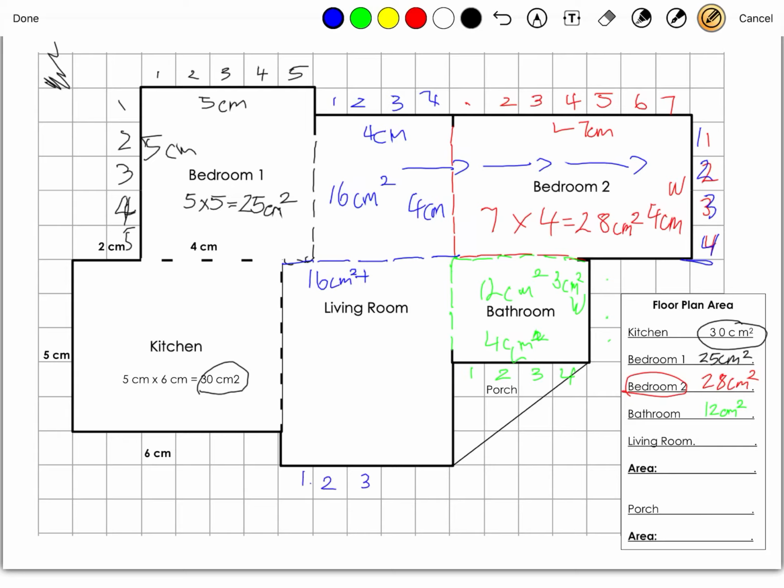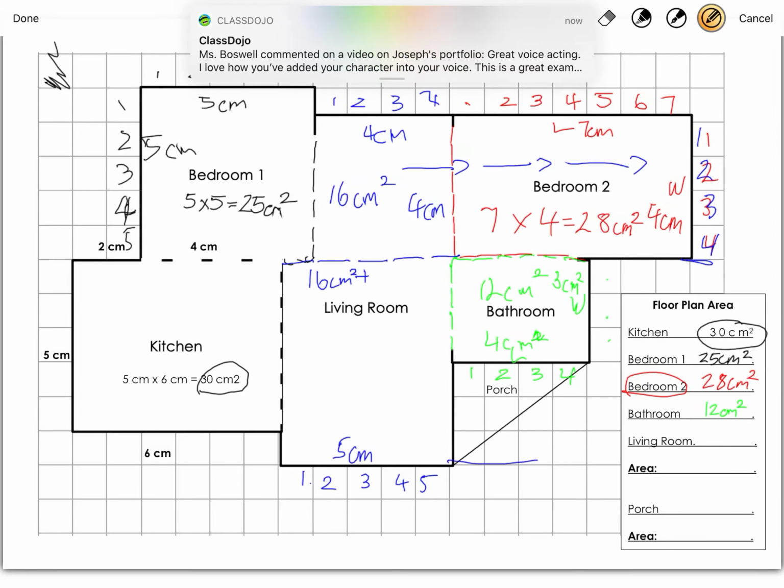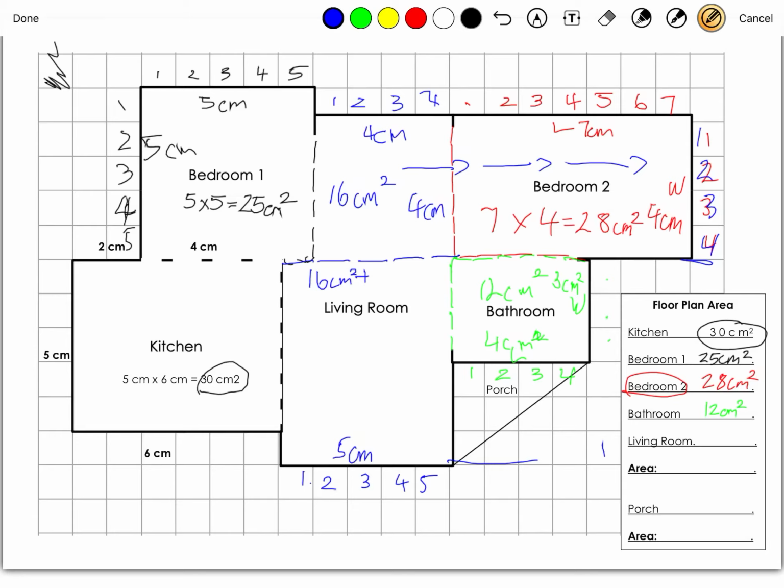Now we need to find out the bottom half. We can see that we've got the squares down here. So it's 1, 2, 3, 4, 5. 5 centimetres. Now we need to do our sides. We can count them by going along the sides here. We can go 1, 2, 3, keep looking over here, 4, 5, keep looking, 6.